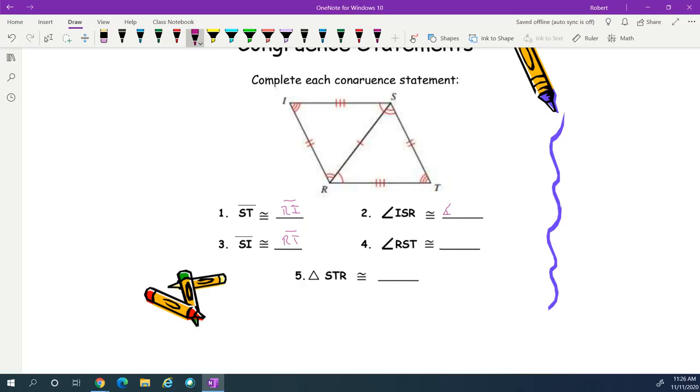So angle ISR. Look at your pattern. 3, 1, 2. And we're going to match that with 3, 1, 2 from the other triangle. RST, angle RST is going to be congruent to angle SRI.